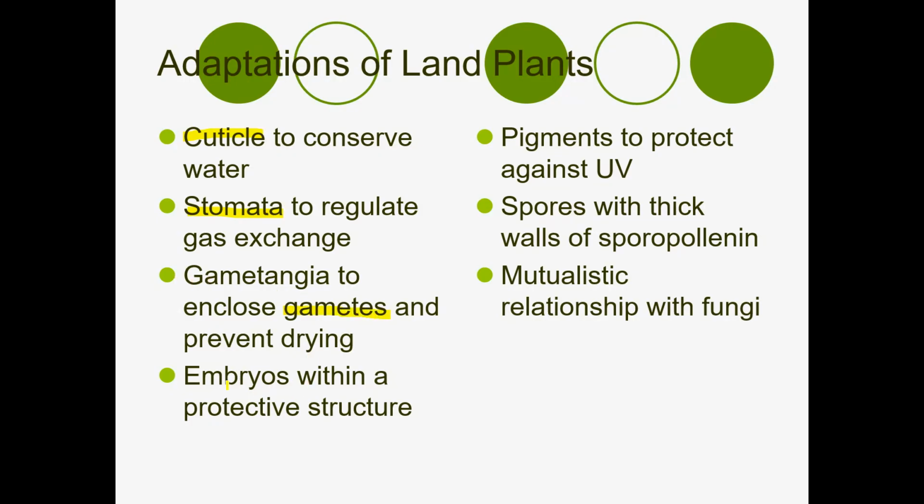They have protected embryos. They have pigments to protect them from UV radiation. They have spores, which are protected by thick walls. And then we also have some mutualistic relationships. This is one of the things we looked at back with fungi. We had the mycorrhiza, and that's going to be something that can help them absorb water better and grow better.